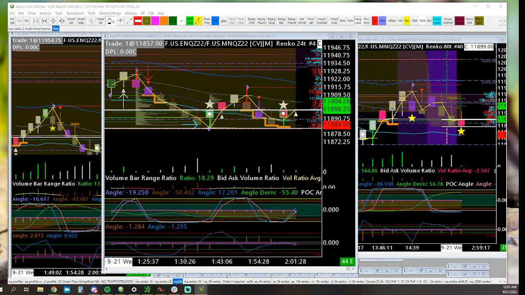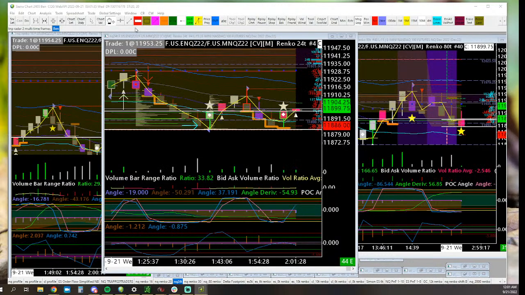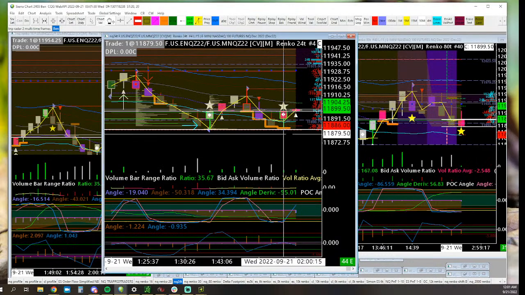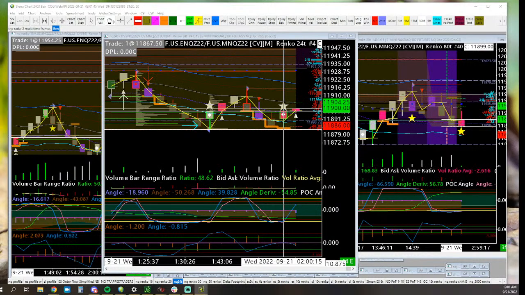Okay, got it. So now my stop, you guys, goes down here at a point or two below the low. So we'll just go with 80 to 25.